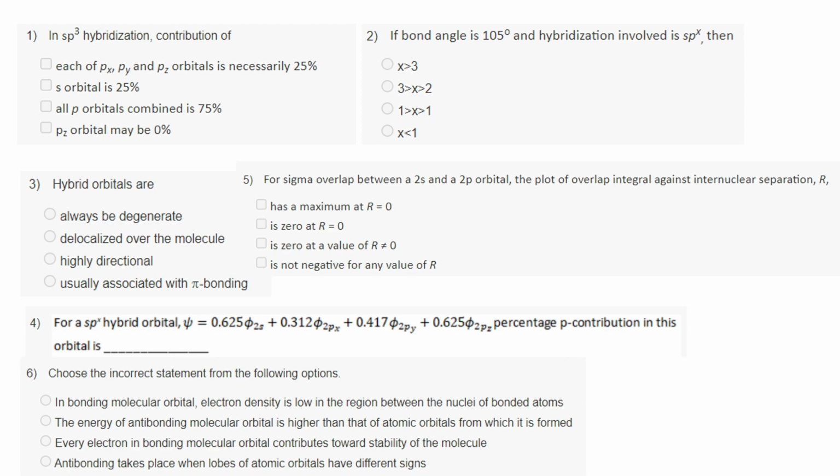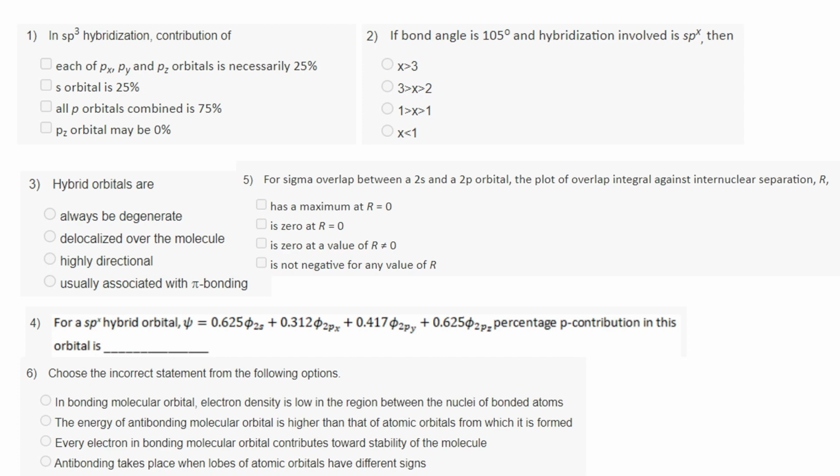Let me give you a hint: in NPTEL exams, when the options are square-shaped, there are multiple correct answers possible, and when the options are circular, it is an MCQ and only one answer is correct. For the first one, there are square-shaped options, so there are multiple correct answers.